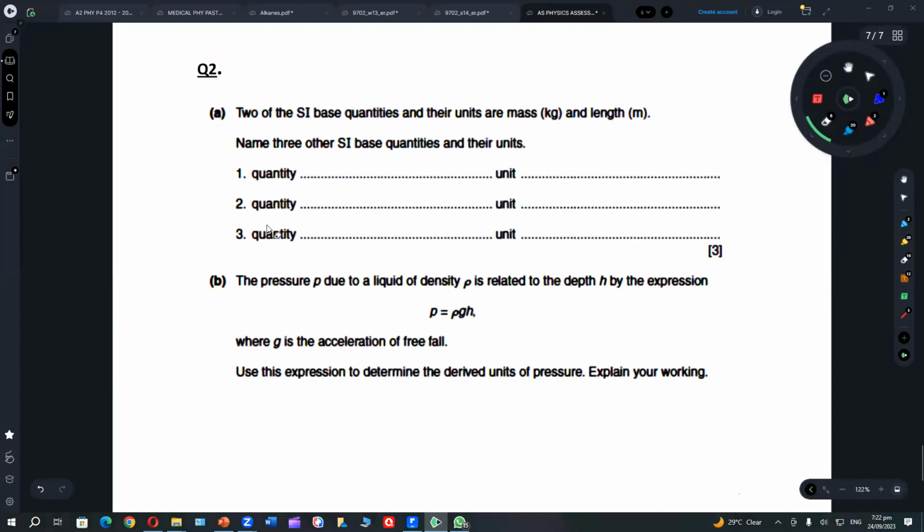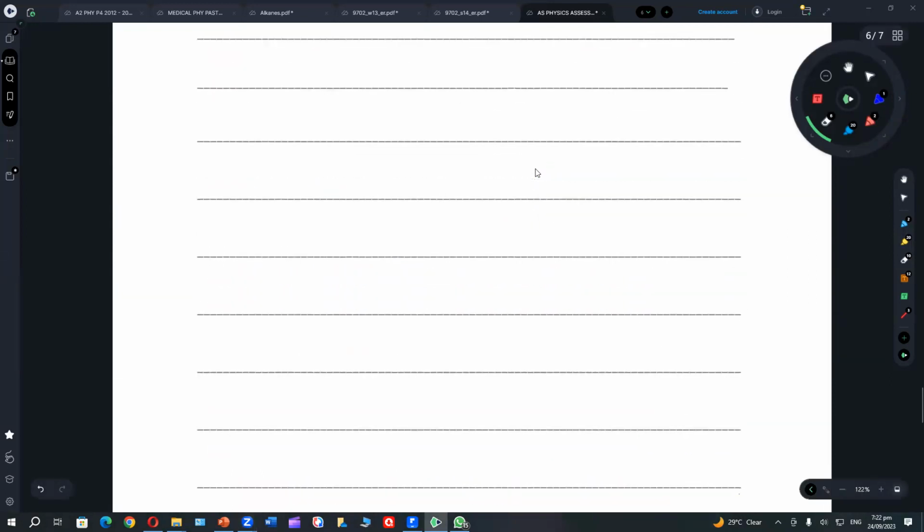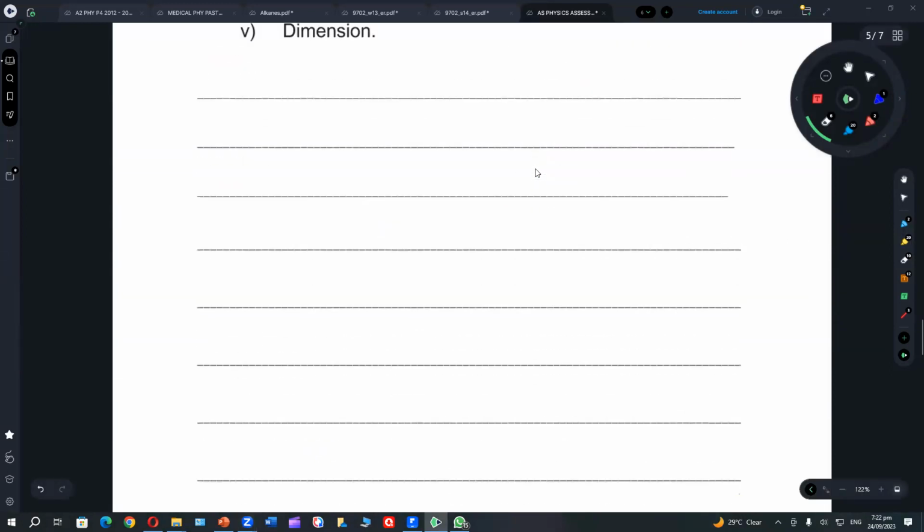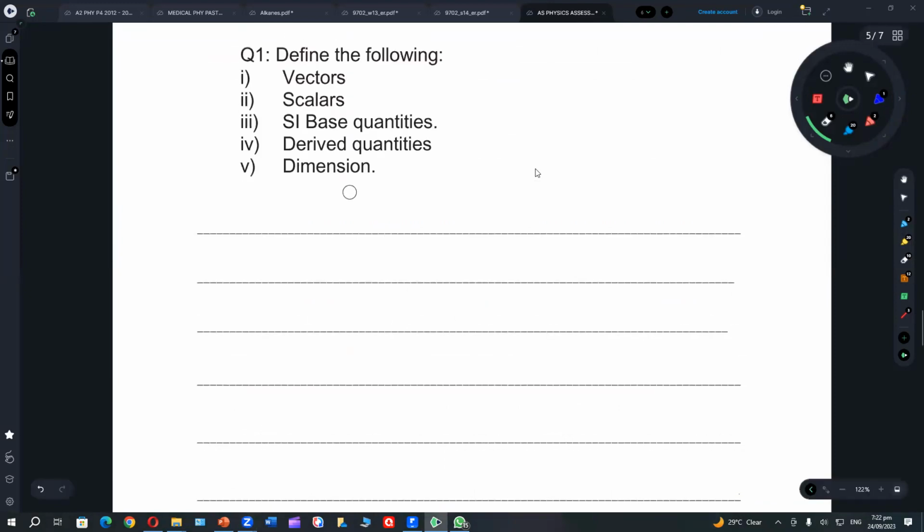Two of the SI base quantities and their units are mass, kg, and length, meter. I have given examples, Zara. I had given examples, I give them again. For dimension, I take the O-level example for the time being.